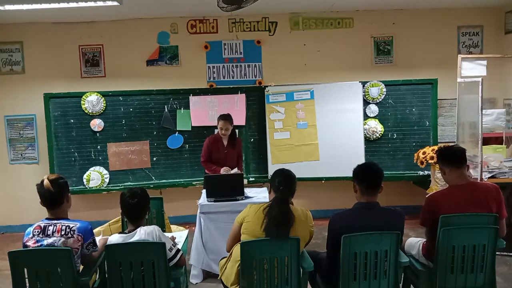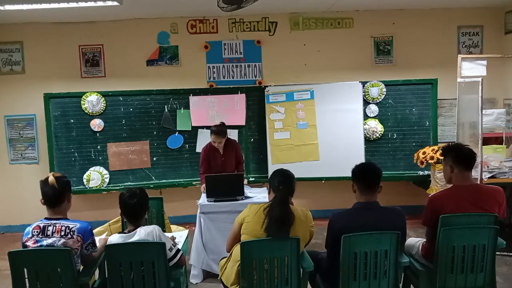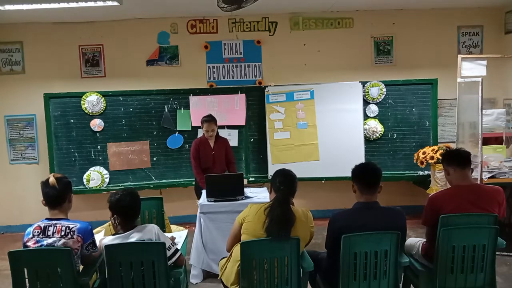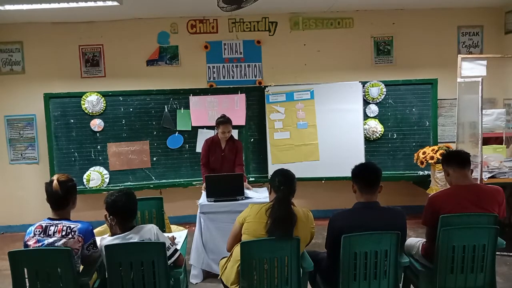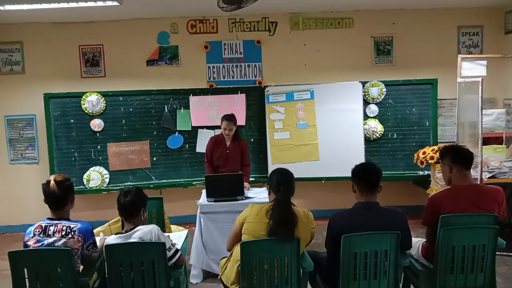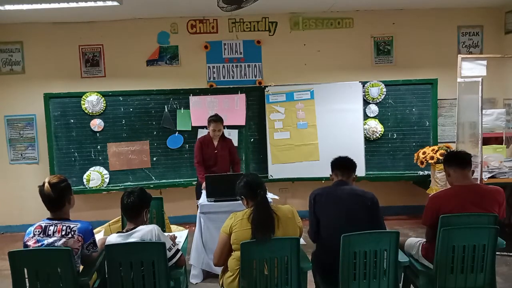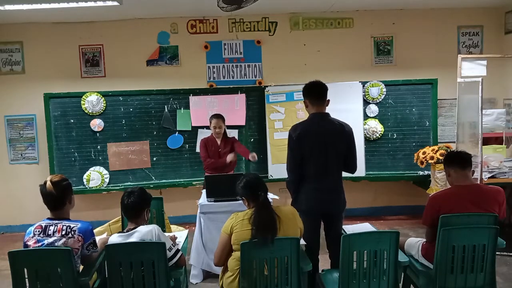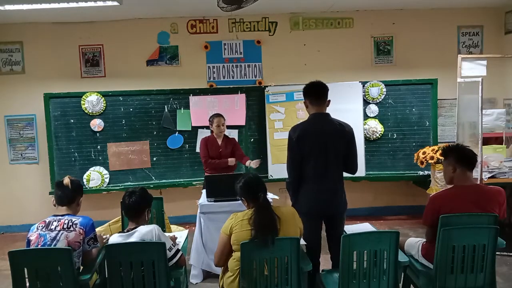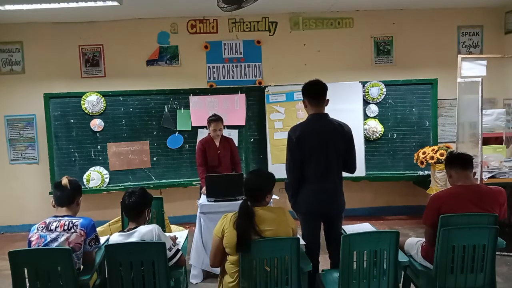So I have here an example. Read the question and answer. The question is: find the surface area of a rectangular prism whose length, width, and height are 8 cm, 6 cm, and 4 cm respectively.